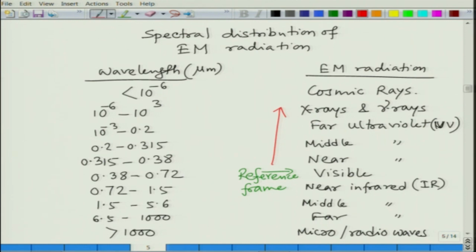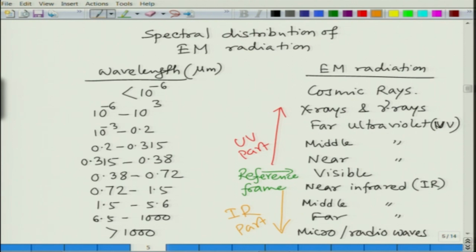What we can see is that the UV part is next to our reference frame, and when the wavelength goes above we call it IR or infrared.